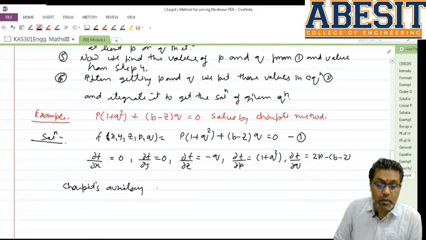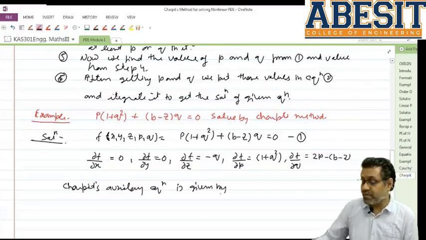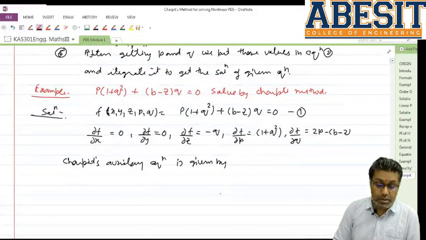Auxiliary equation is given by. So what is the equation?